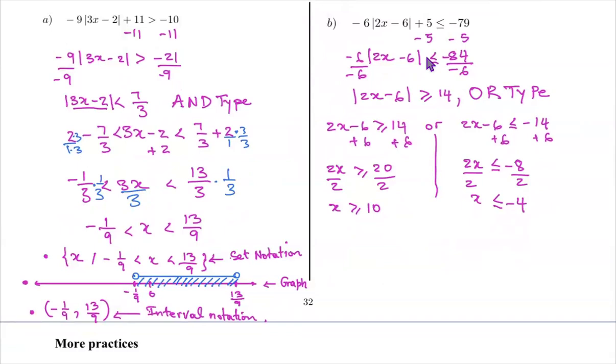Now, x is isolated for both of them. Now I'm going to give the set builder format of the solution. The set builder is the set of all x values such that x is greater than or equal to 10, or x is less than or equal to negative 4.